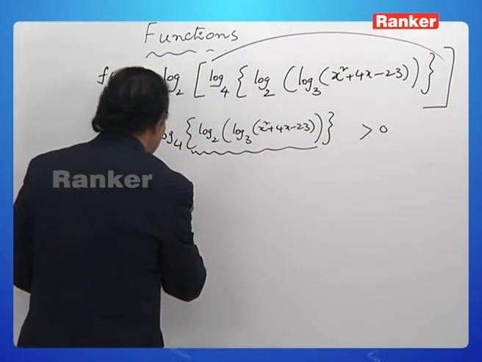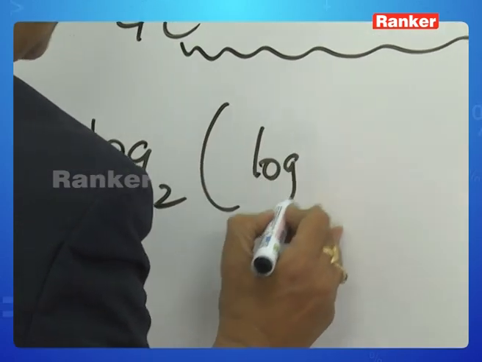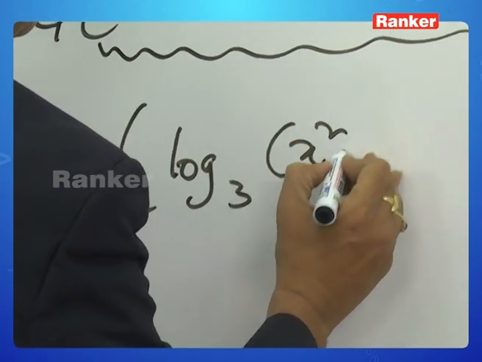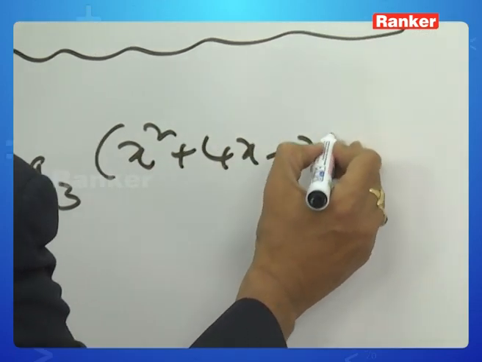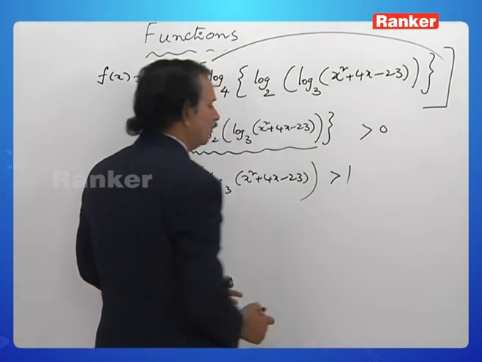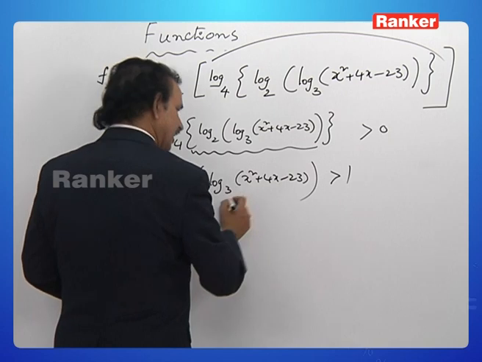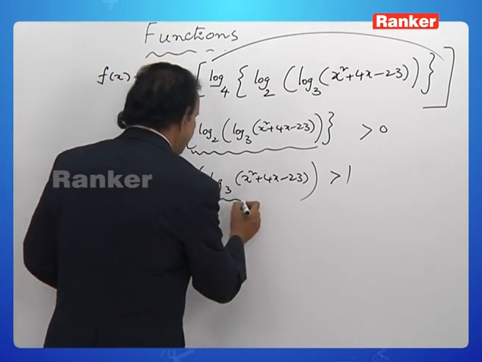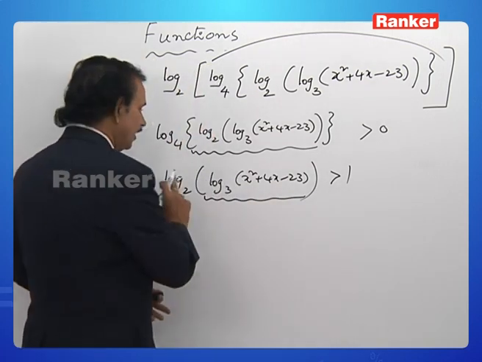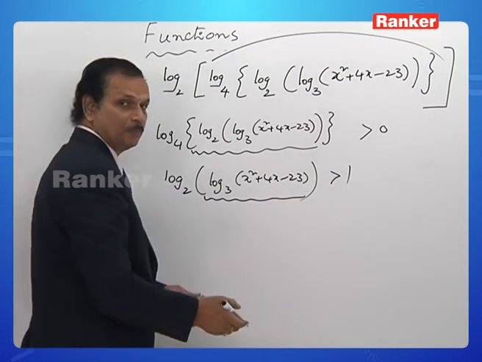That is, log to the base 2 of log to the base 3 of x squared plus 4x minus 23 is greater than 4 power 0. What is 4 power 0? 1. Again, let me use this as some k. Log k to the base 2 is greater than 1. Then k is greater than 2 power 1.